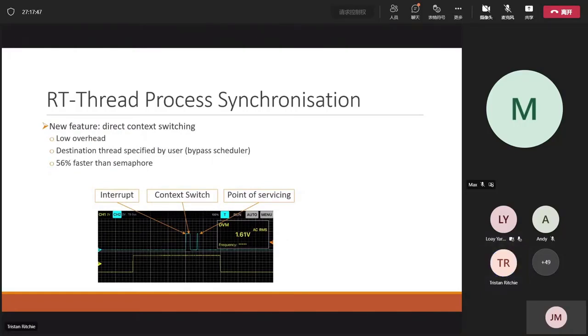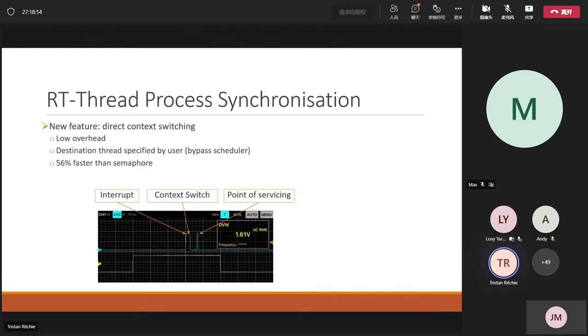Well, I've tried to get around this by implementing a new feature, which I've called direct context switching, which is effectively a low overhead method of context switching, where instead of manipulating a semaphore kernel object and running the entire scheduling function, I'm simply passing the destination thread as an argument.